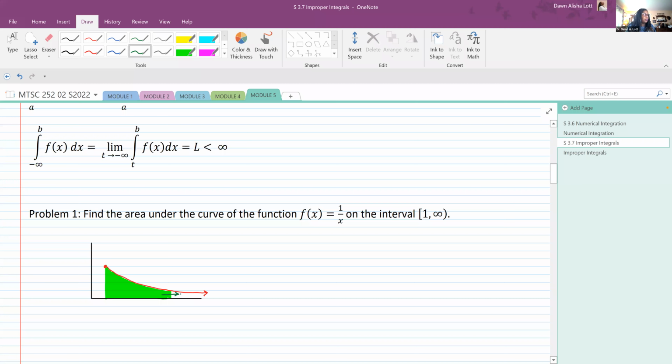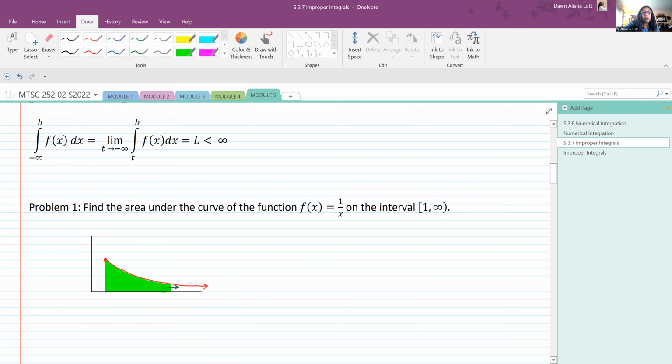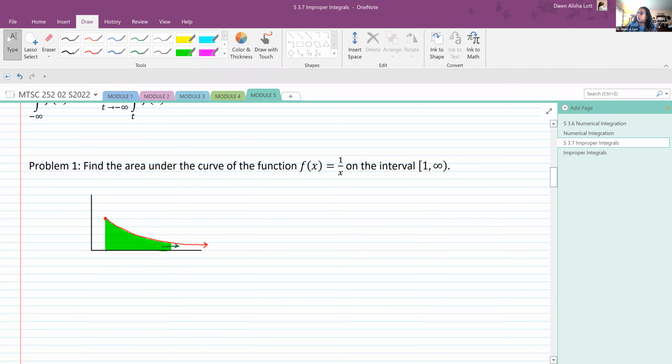Okay, so we want to compute that. All right, so that's going to be the area. It's going to be the integral under the curve from 1 to infinity of 1/x dx.